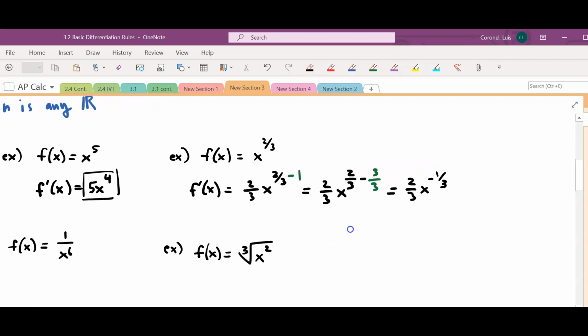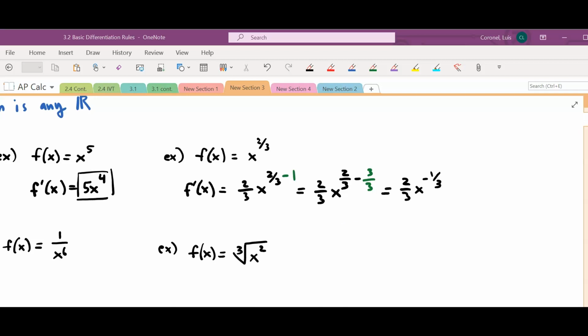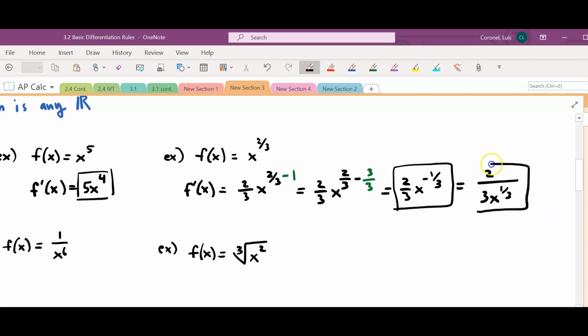But another way of writing that negative exponent is taking that x to the negative power and moving it to the denominator. When I move a negative power to the denominator, it becomes positive. So that's just another way of writing it. This is just as correct as having the power on the denominator.